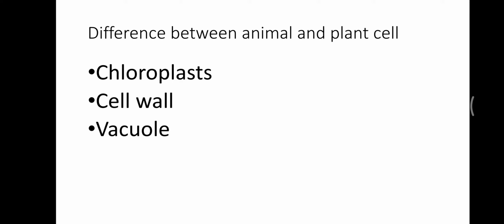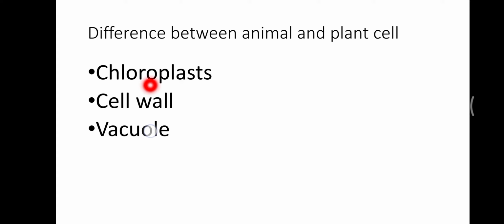The first thing which we are going to discuss is chloroplast. Students, if we talk about the function of chloroplast, we all know that it helps plants carry out photosynthesis.